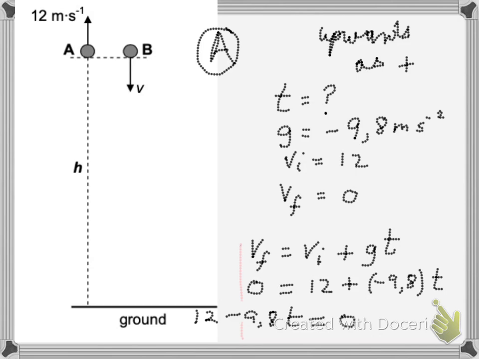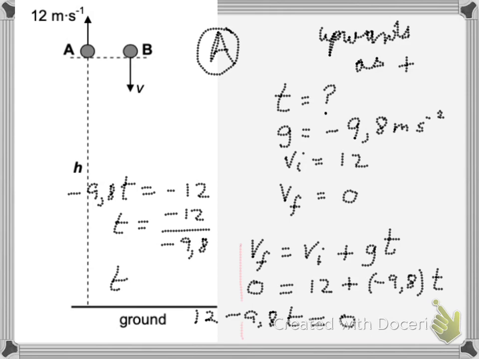Let's move it to the other side, so it will be minus 9,8t is equal to minus 12, and t will be, divide both sides by minus 9,8, minus 12 divided by minus 9,8. Therefore t, the time, will be equal to, if you work that out, 1,2 seconds. Don't forget to include the unit of seconds.